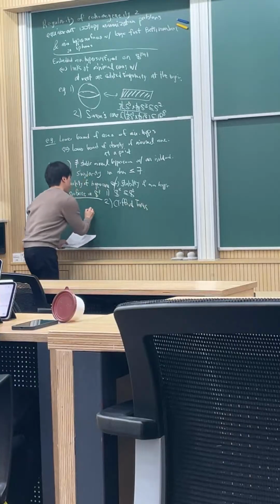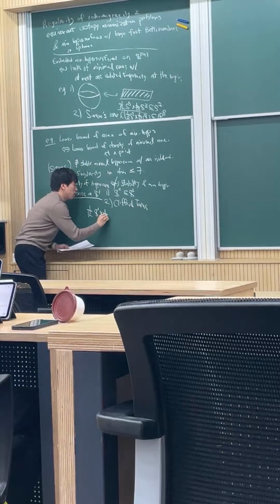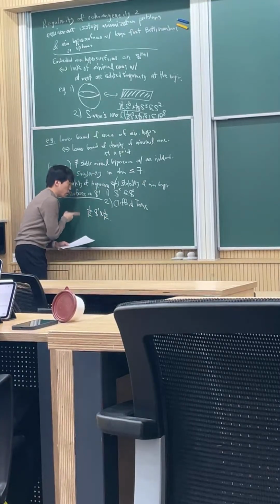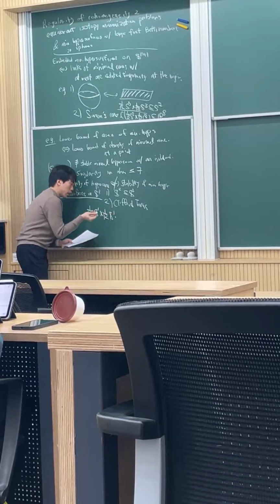For the Clifford torus, we can write it down as the product of the circle of radius square root of 2 on S1.